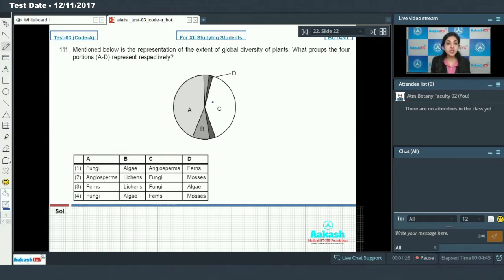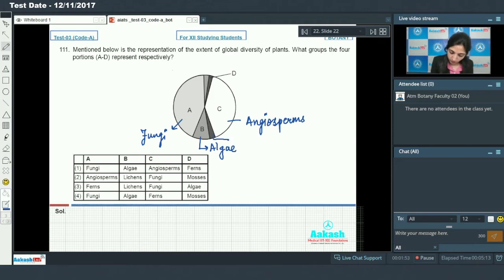This pie chart depicts the representation of global diversity of plants, in which fungi and angiosperms are the maximum among the plants, followed by algae, lichens, these are ferns and allies, and these are mosses.